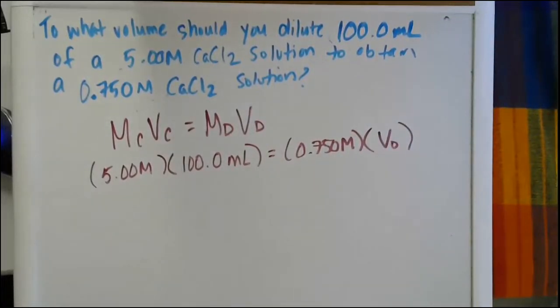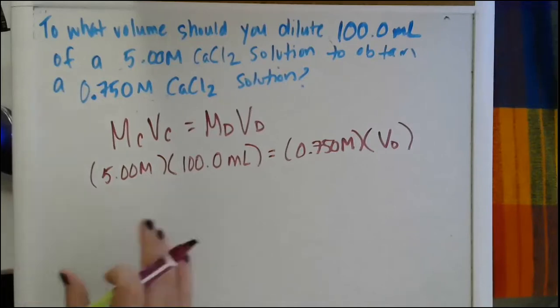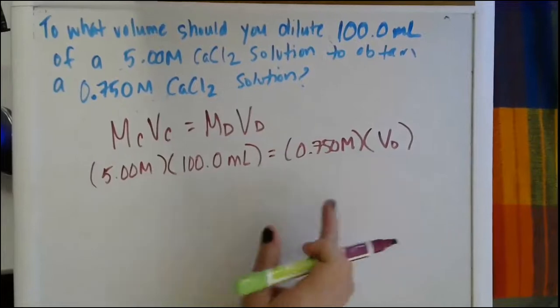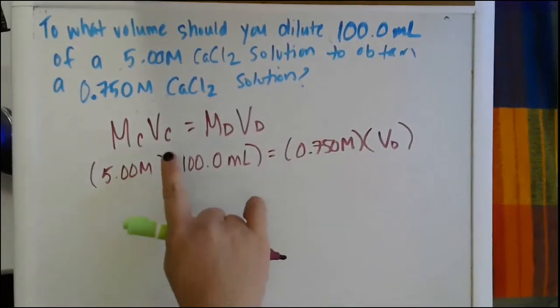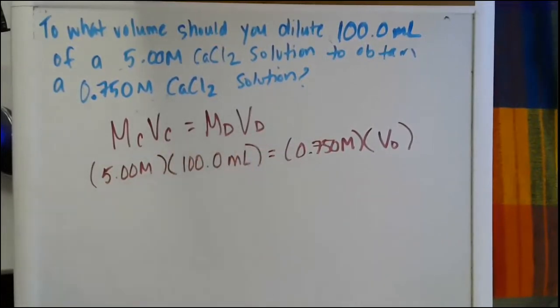Now you're going to notice that when we have these dilution equations, we don't necessarily have to convert all of our volume values into liters like we were doing for our molarity calculations. And this is because of how this equation is set up, okay? As long as our volume values are the same unit, we can use whatever volume values we would like, right? But they do have to be matching volume units.